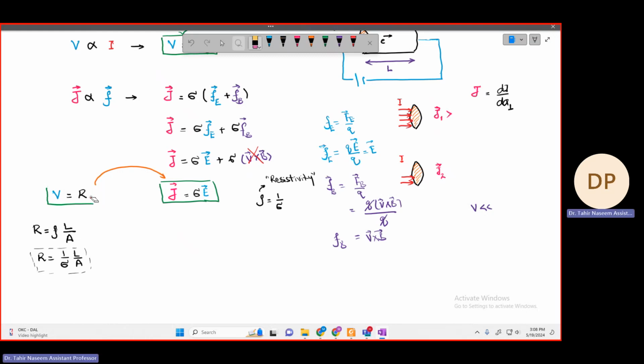So let me write I in the same color. How can I do that? So right here we have written our current density.